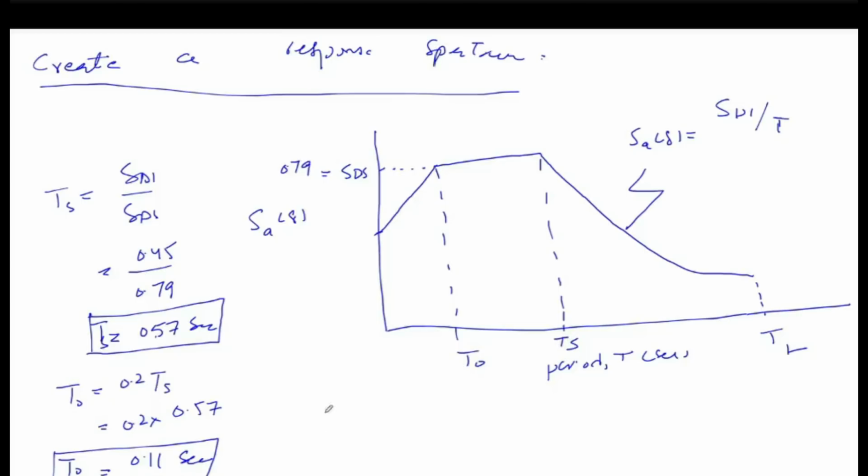Okay, and just for a note, SDS, remember, is equal to 2/3 of SS multiplied by FA. And SD1 is equal to 2/3 of S1 multiplied by FV.